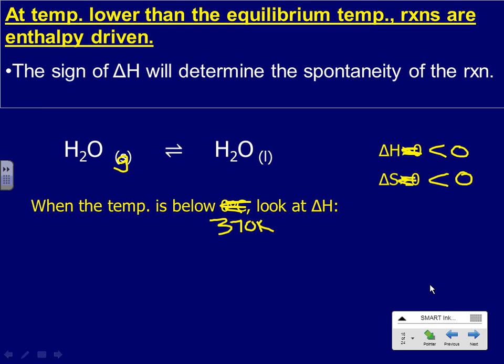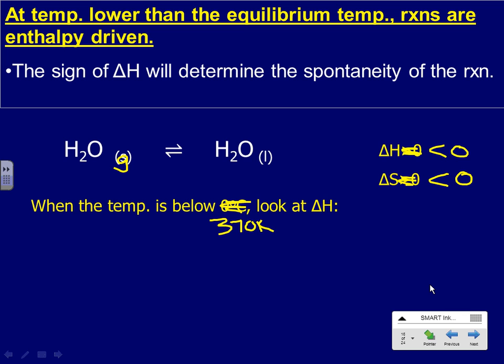Remember from the equation, the temperature affects the entropy. If we have a temperature that's lower than the equilibrium temperature, and that's what we found, 370, then that entropy term shrinks and becomes less of a factor.